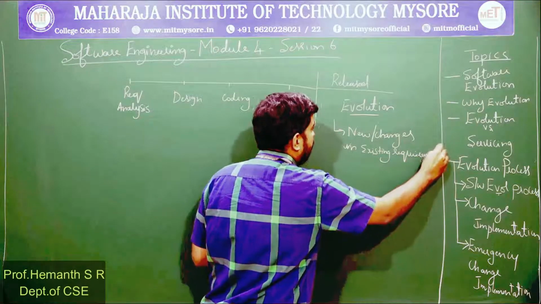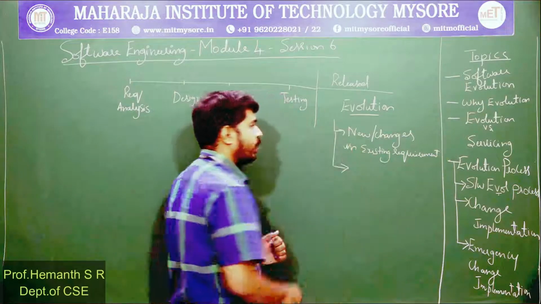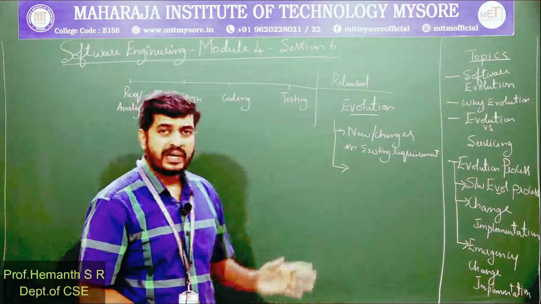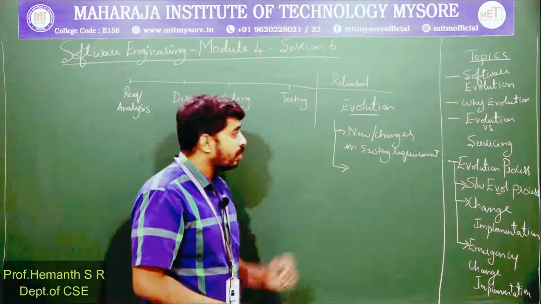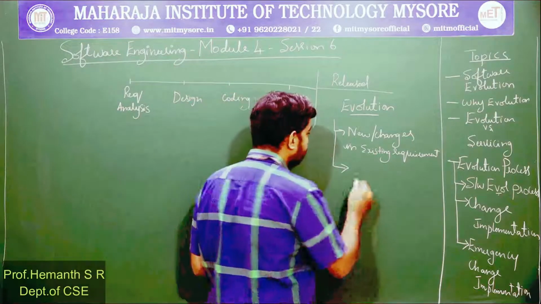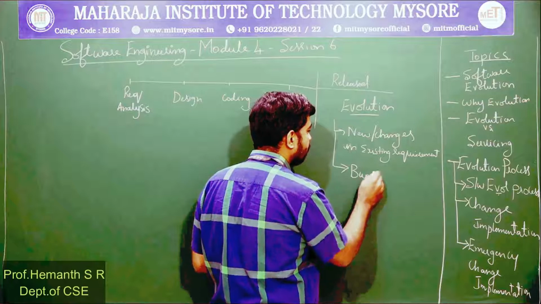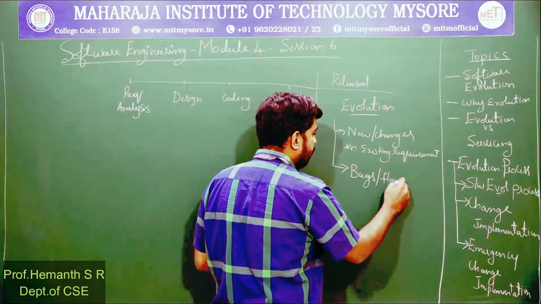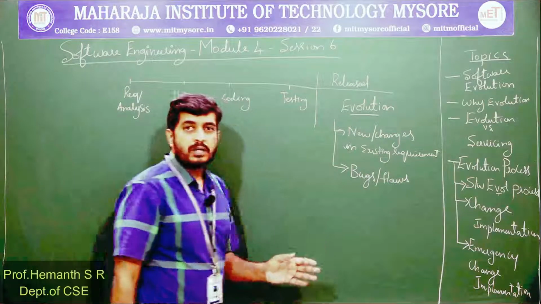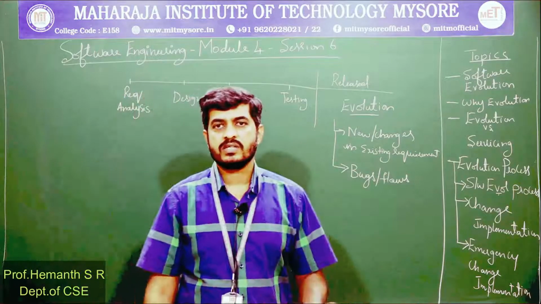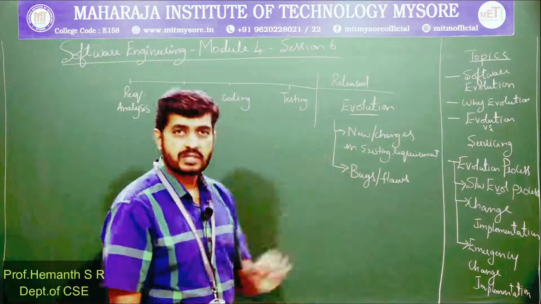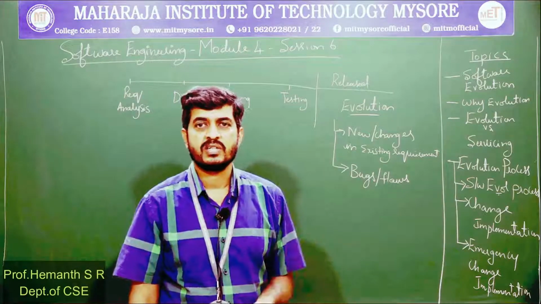Now what are the other reasons that may trigger software evolution? The other reasons can be bugs or flaws in the system. A bug, a flaw, an error that was not noticed during software testing could pop up at this stage when the client starts using the software.